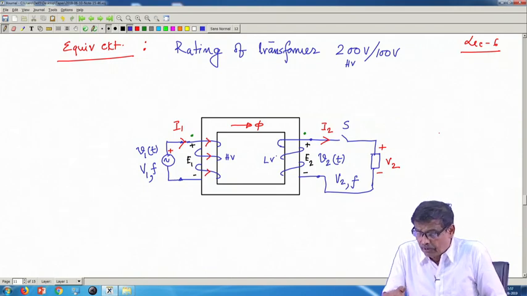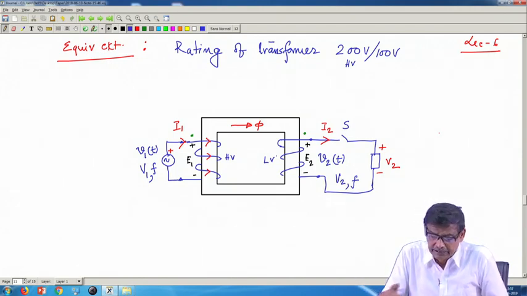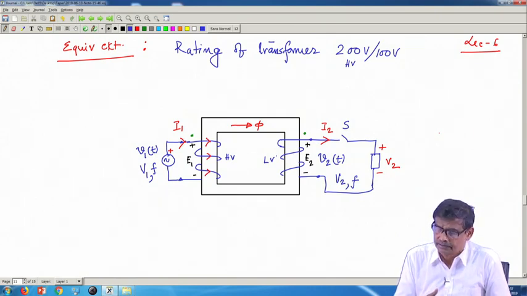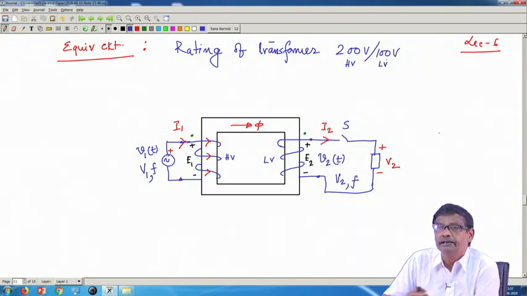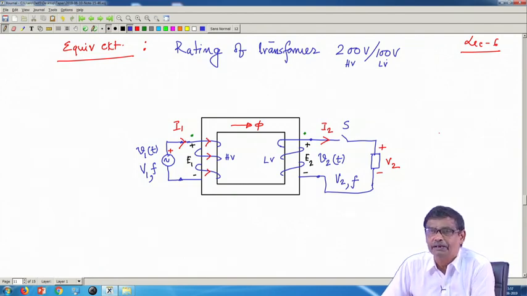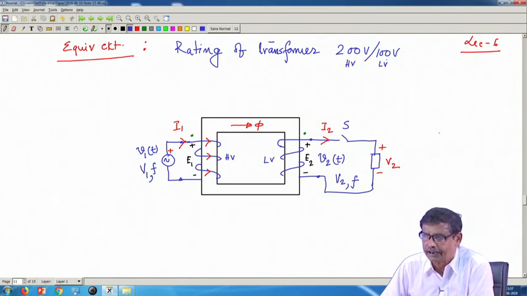Only when LV is used as primary you should apply 100 volt and then you will get 200 volt there, and vice versa. Therefore, it is sometimes more scientific to describe a transformer in terms of HV and LV rather than primary and secondary. The user will decide which one becomes primary and which becomes secondary.